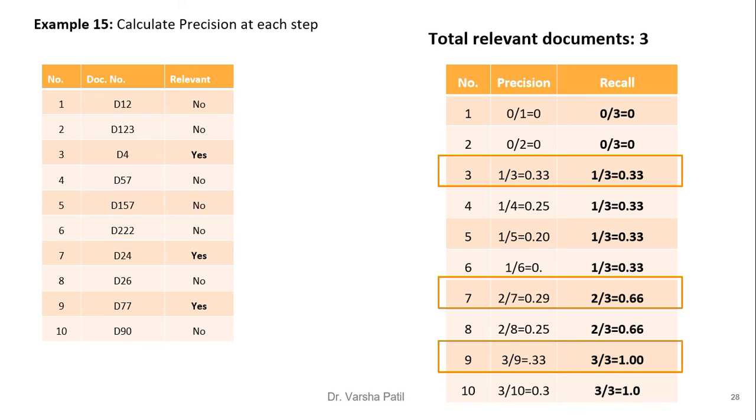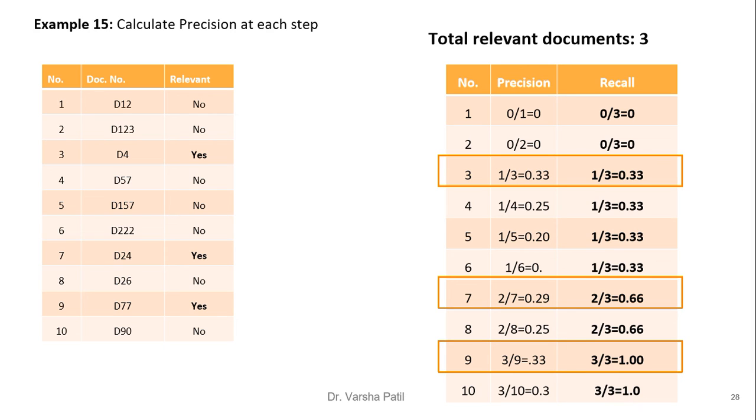Calculate the precision at each step. Now here the total number of relevant documents is 3, so when relevant documents get retrieved, only then the numerator is increased and there is a change in the precision score. For recall, when irrelevant documents get retrieved it remains the same, but when relevant documents get retrieved it increases. We can see that a total of 3 documents are there, and when they all get retrieved we get recall 1.